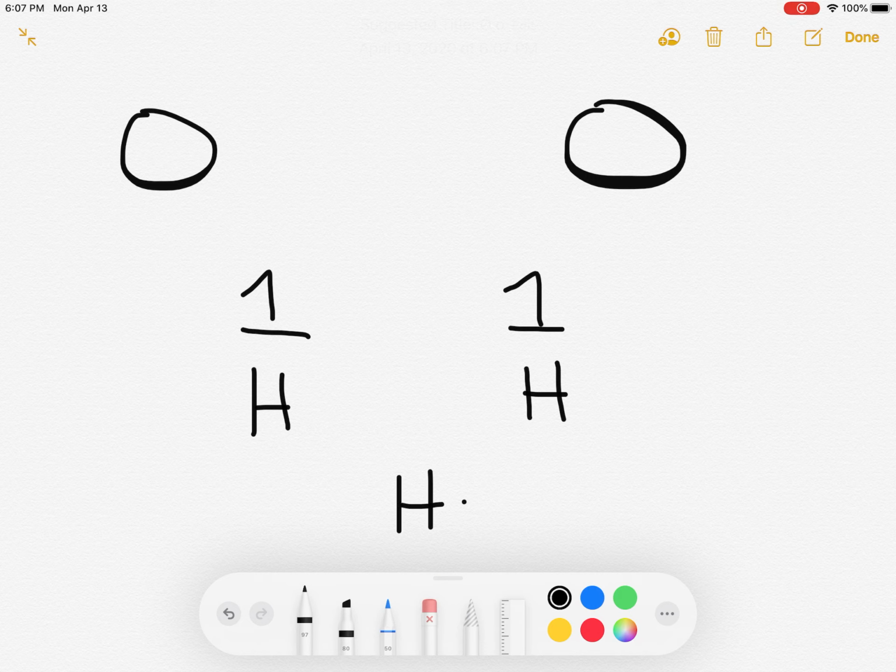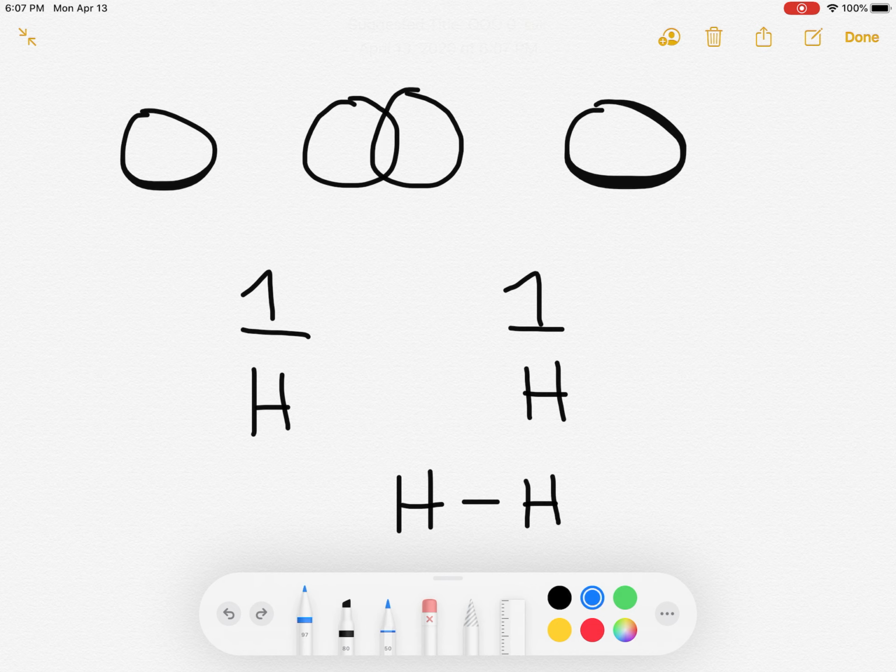To form this bond between the two hydrogens, these s orbitals overlap, and the electrons are shared in that overlap. I'm going to change colors here. So one electron is attracted to the nucleus.